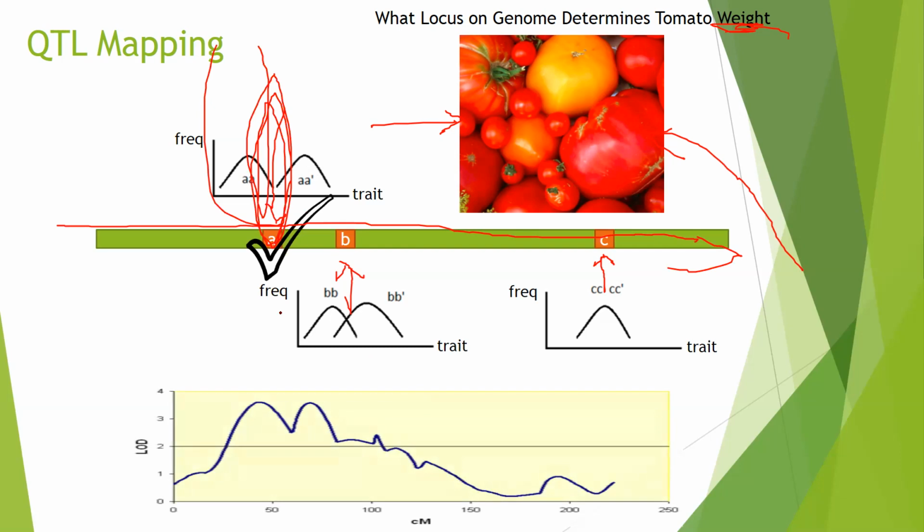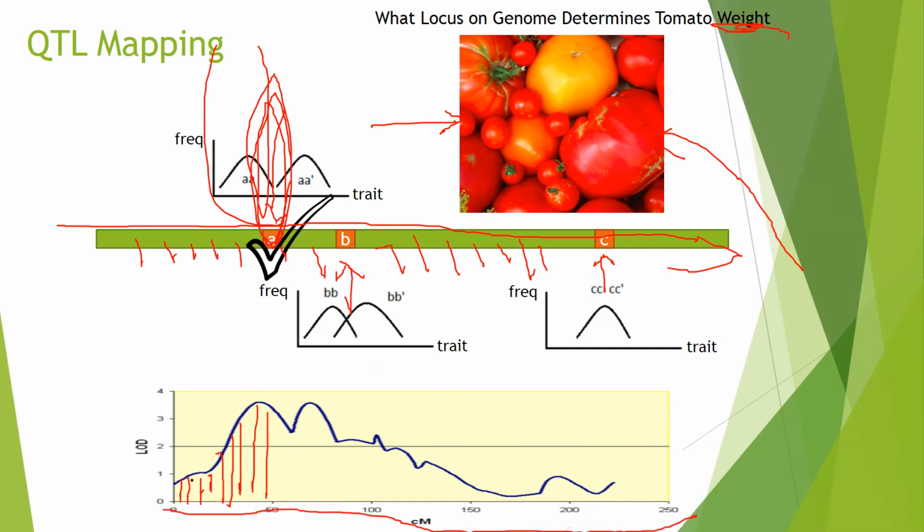Imagine there are millions of markers on the genome, so we can scan the whole genome, and at each locus we can calculate a test statistic like this, here, here, here, and we can draw a curve to represent the entire genome. So this is the entire genome.